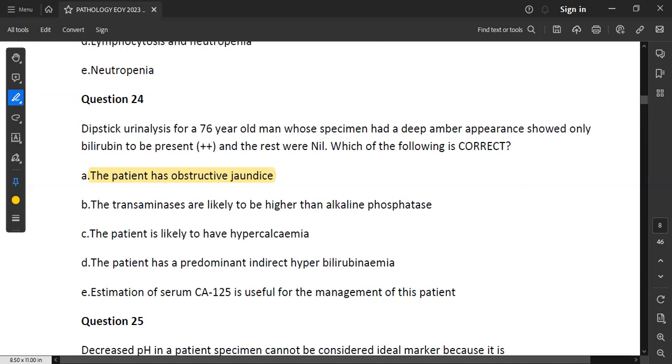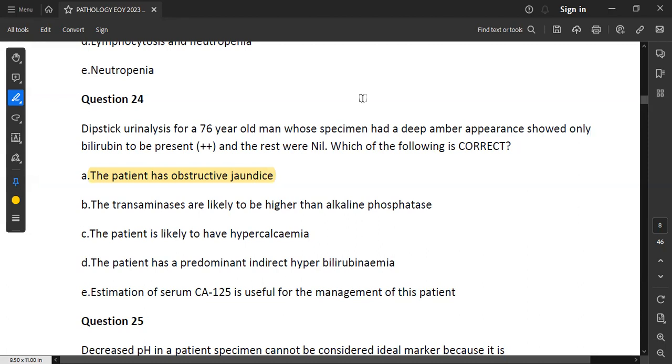The posthepatic type is usually due to obstruction of the biliary tree, either intrahepatic or extrahepatic bile duct obstruction, like gallstones or cancer of the head of the pancreas. Intrahepatic causes can be drugs, primary biliary cirrhosis, or cholangitis.